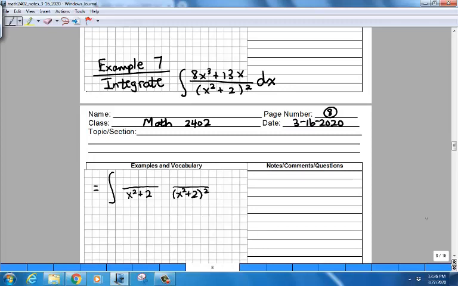So you're going to break this big fraction into these two partial fractions, one of them with x squared plus 2 to the first power, and then the second one will have x squared plus 2 to the second power.